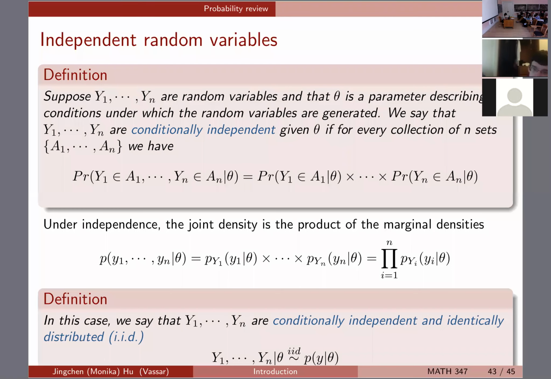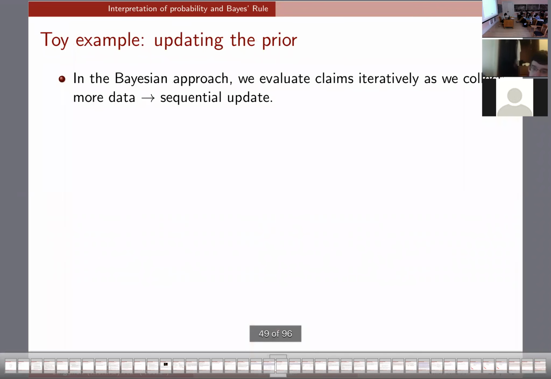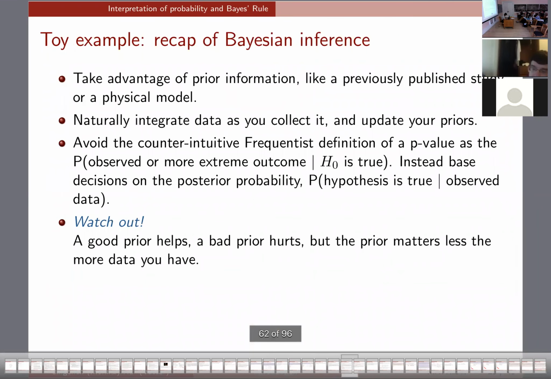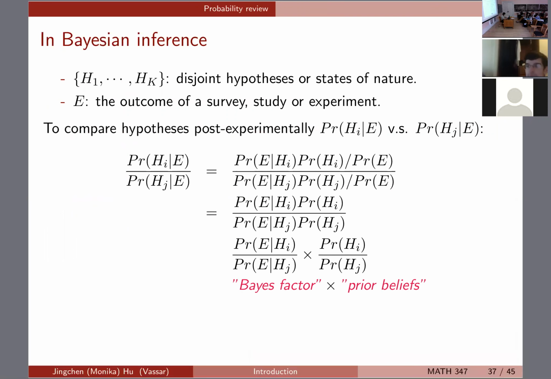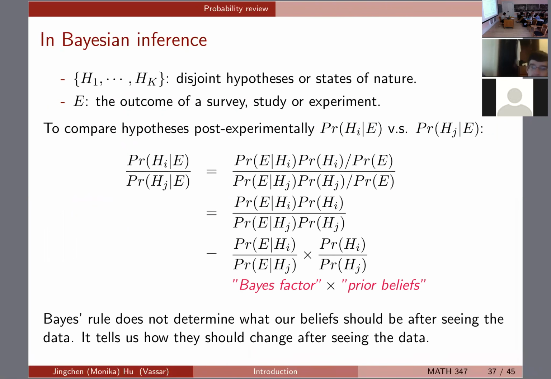Okay, in chapter 1, if you have a partition of the hypotheses H1 until HK, and E is the outcome, then to compare the hypotheses after the experiment, that's pretty much doing this.